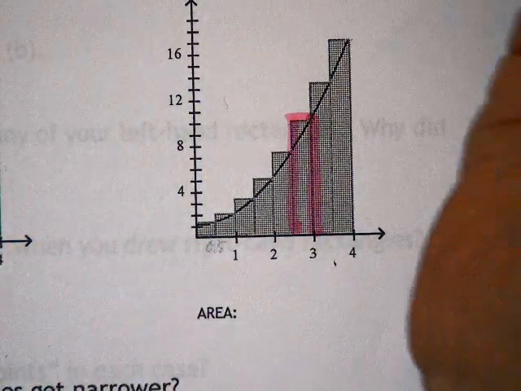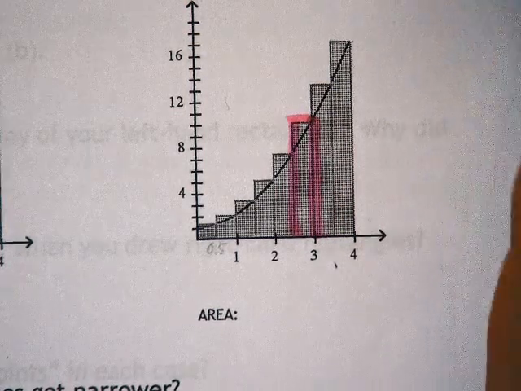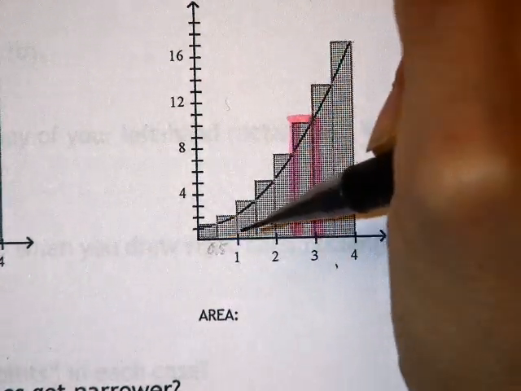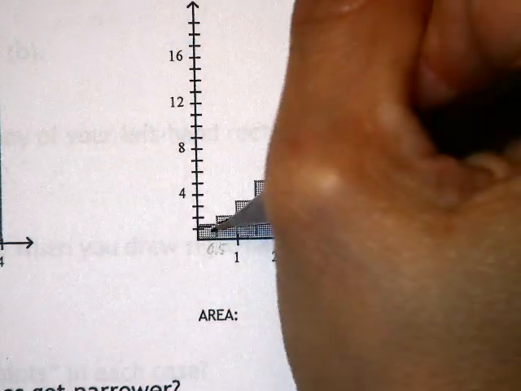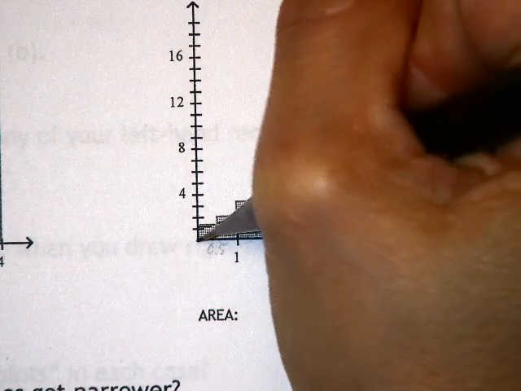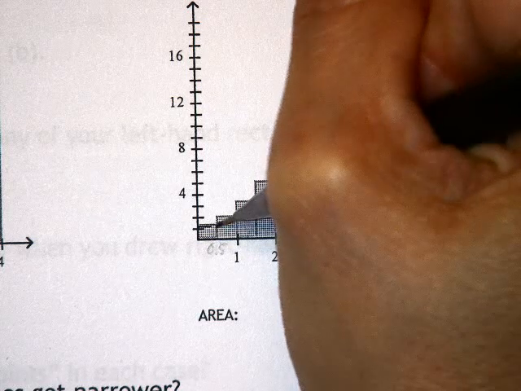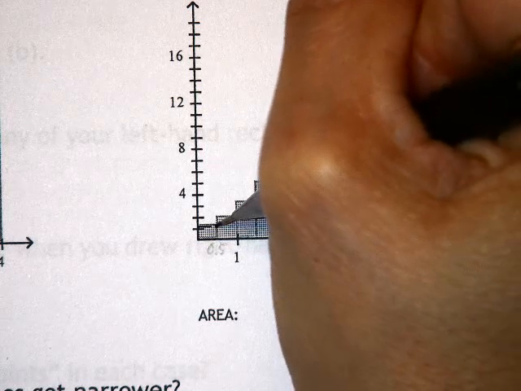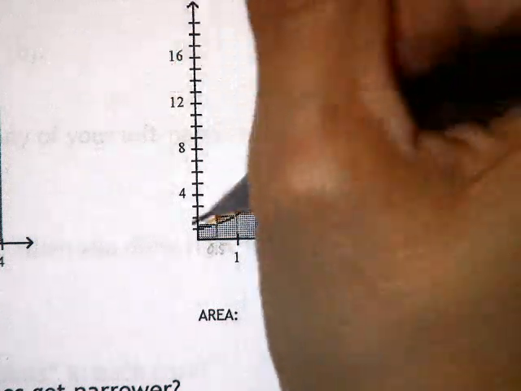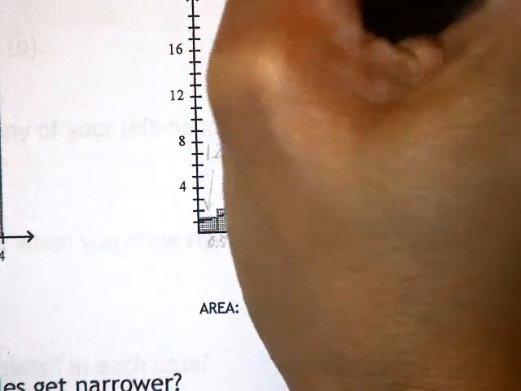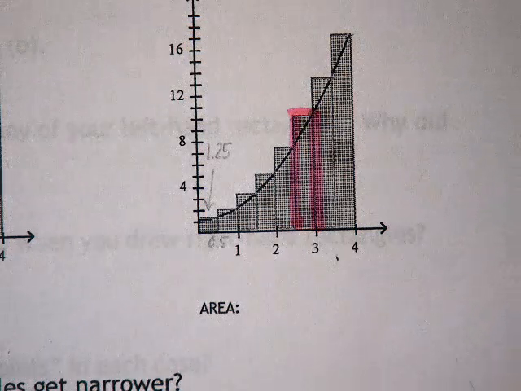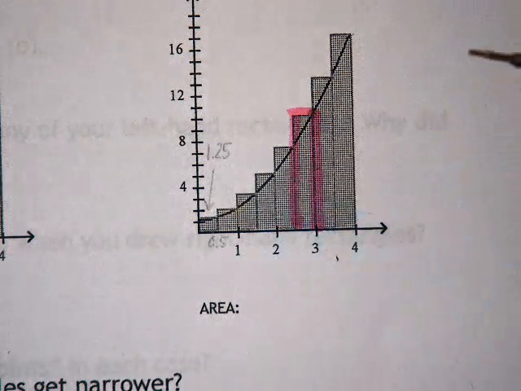Now, I'm going to use each height to help me dictate the base times height formula for the areas that I'm going to need to find. So for example, this teeny tiny little rectangle here has a base of 0.5. Its height is based on the y-coordinate at 0.5, which is 1.25. It's going to get a little bit tight to try to write for each one, so I'm just going to do the best I can. The height there is 1.25.